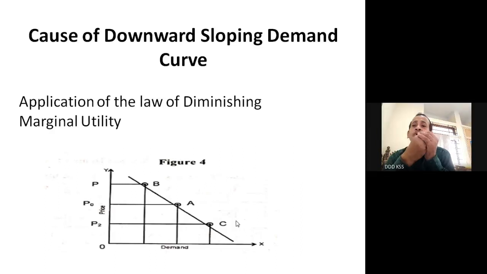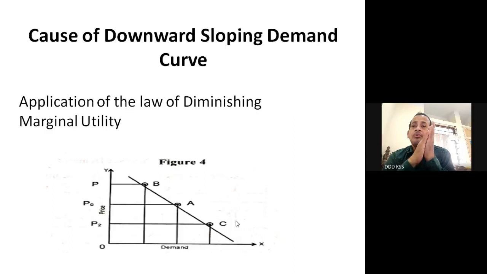There are mainly 6 reasons we'll discuss today, and due to these reasons the demand curve slopes downward. The first reason is the application of the law of diminishing marginal utility.